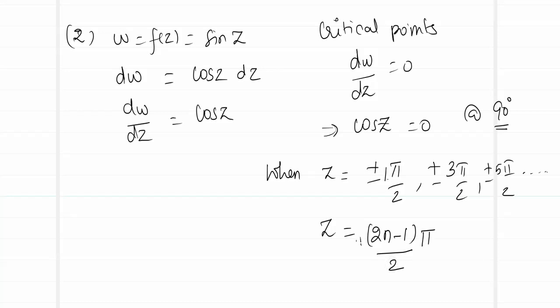So z is equal to plus or minus (2n minus 1) divided by 2 times pi, where n is going to be an integer. When we say n is an integer, this can be both positive and negative. So for these quantities, when n is an integer, we have the critical points of the transformation sin z generated.